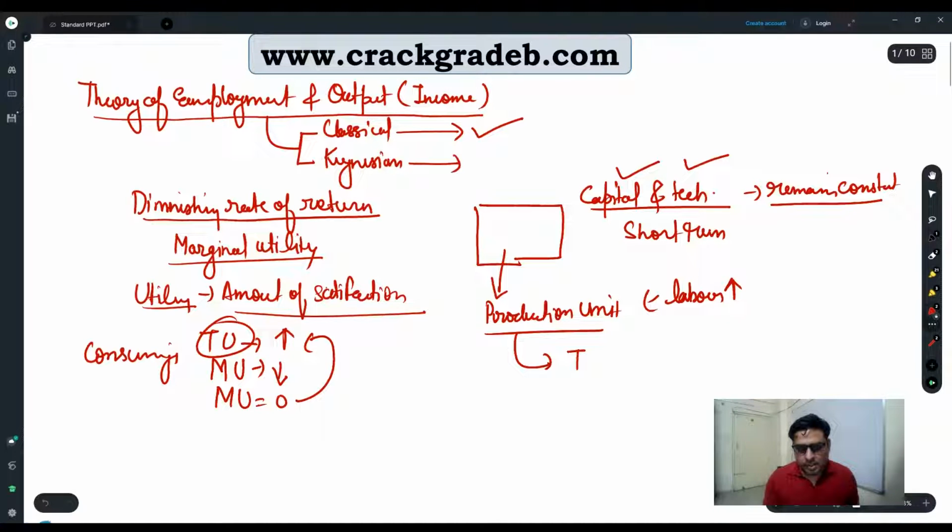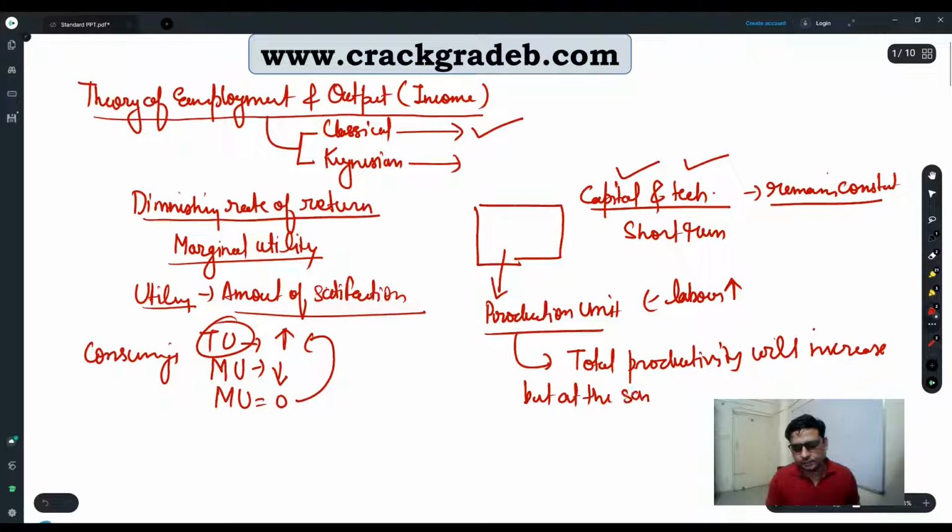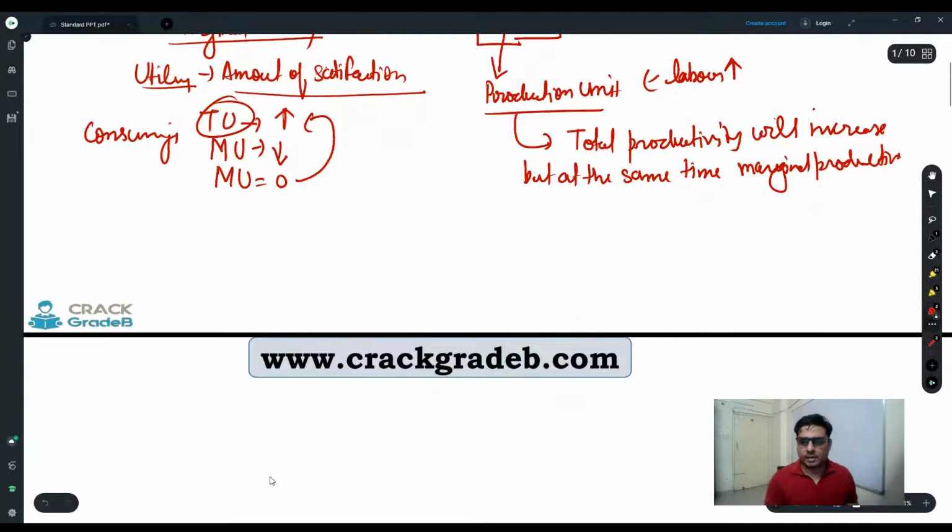So your total productivity will increase, but at the same time marginal productivity will decrease, right? Marginal productivity will decrease. Fine.